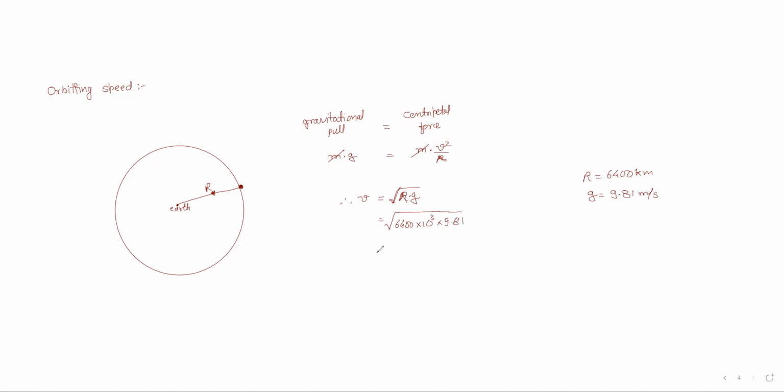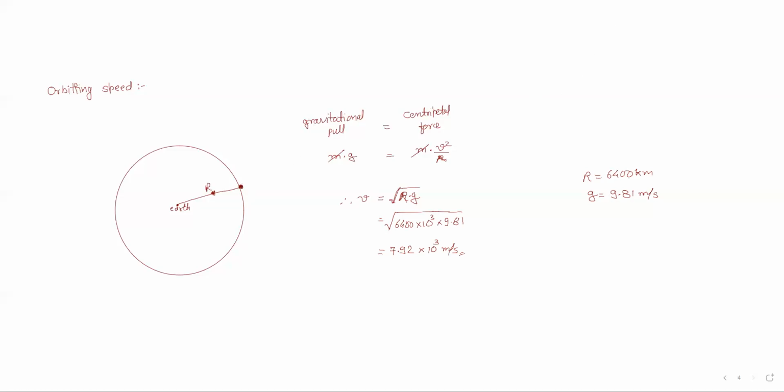And if we find its numerical value, it comes close to 7.92 into 10 to the power 3 meters per second. And that gives the orbiting speed for an object on the surface of Earth.